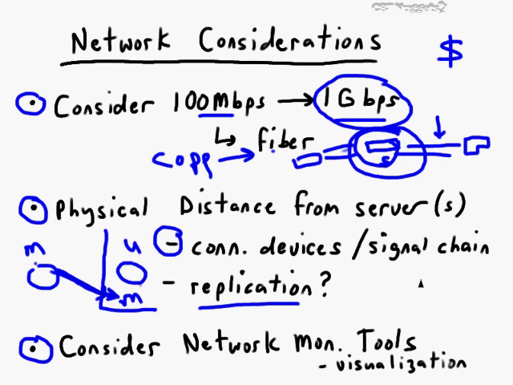It's one thing to deal with user complaints saying, hey, the network feels slow, or just your own thought that the network is performing poorly or could be running better. And it's a different thing entirely to actually see data and see charts and graphs and to see characterizations of different protocols on your network and see that in a graphical way. So therefore, the suggestion is to consider the use of network monitoring tools to be able to visualize that data.